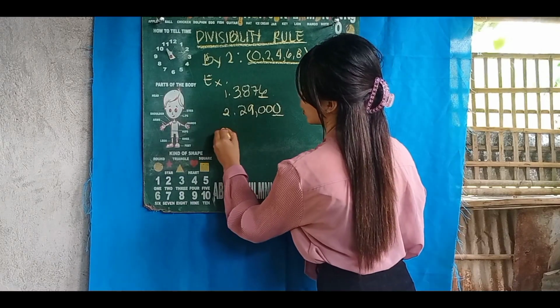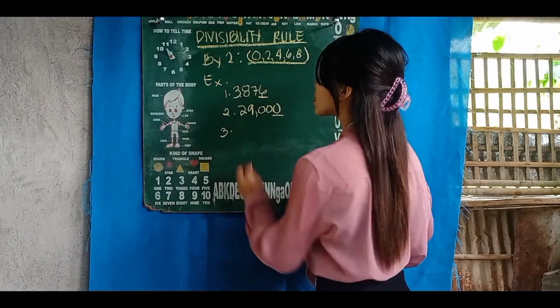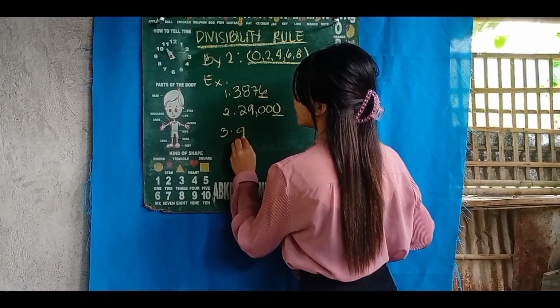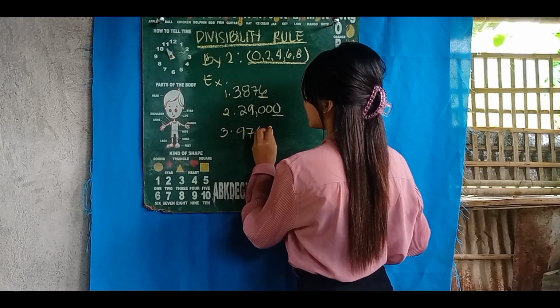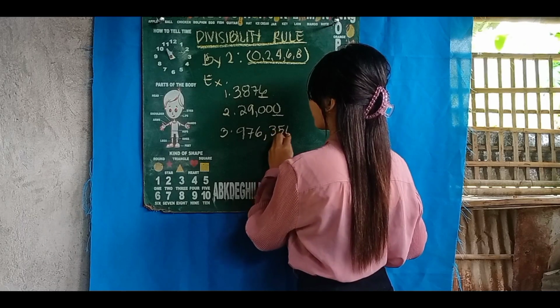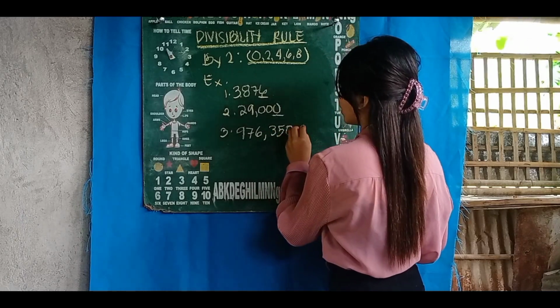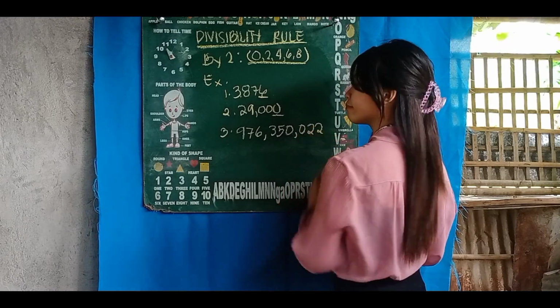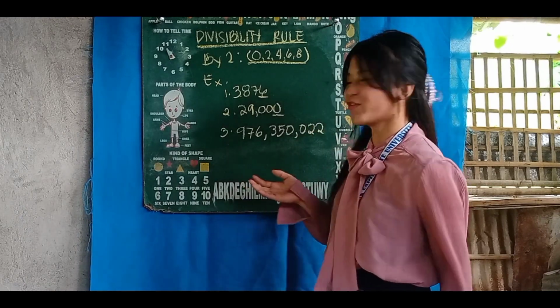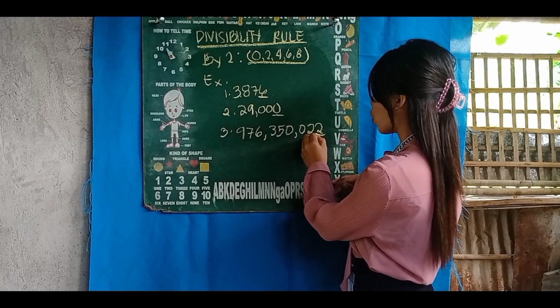Another example. Example number 3. 976,350,022. What is the last digit of the number? Of course, 2.